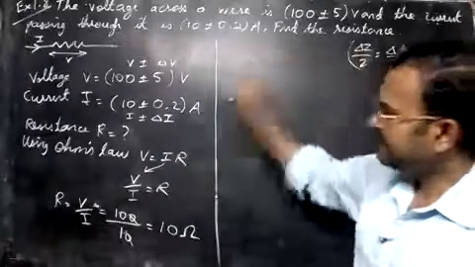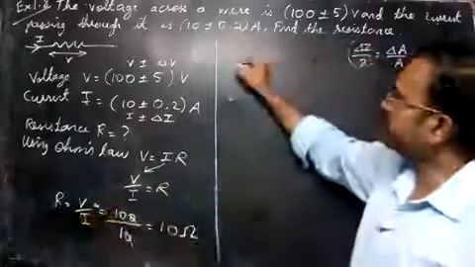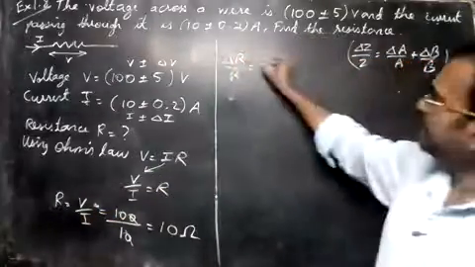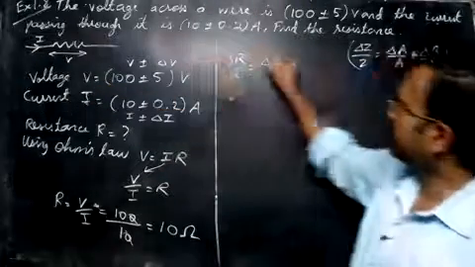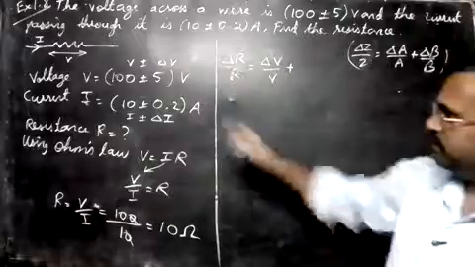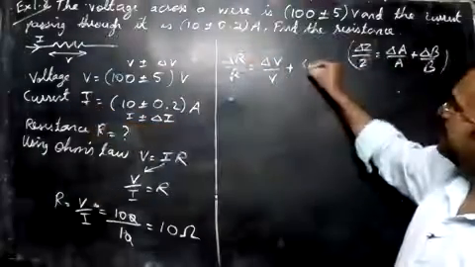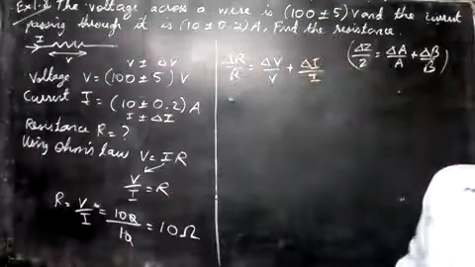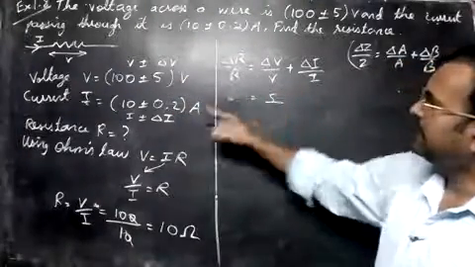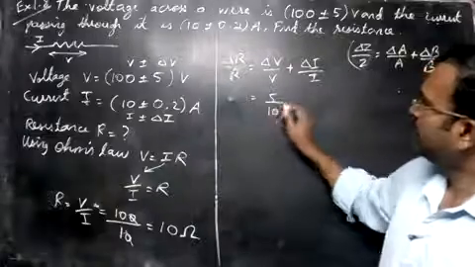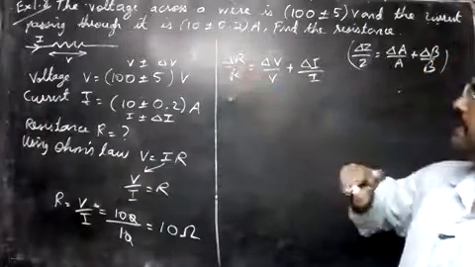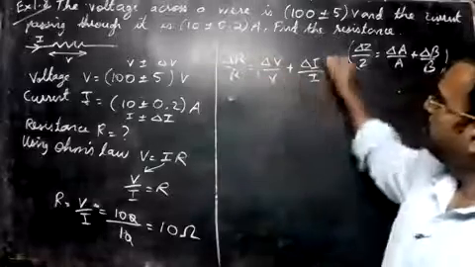Here we must find the error in our resistance only. So we can change it and write delta R by R is equal to delta V by V plus delta I by I, using V instead of A and I instead of B. We must find delta R, so we cross multiply R upwards.